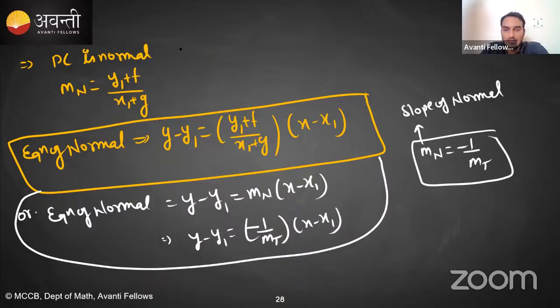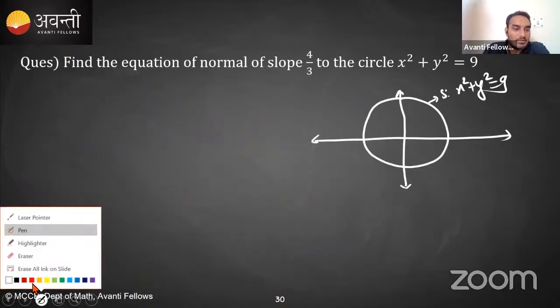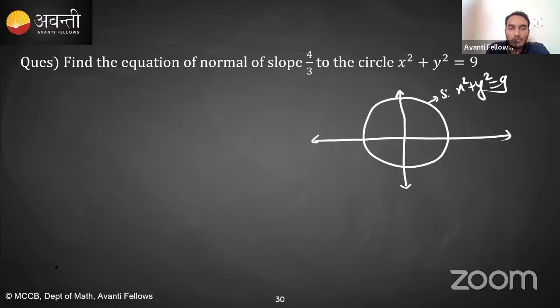So where were we? Yes, on this question. Find the equation of normal of slope 4/3 to this circle. Let's say this is a normal. Clearly the normal will pass through the center of the circle. Always, I have told you, any normal will always pass through the center of the circle.